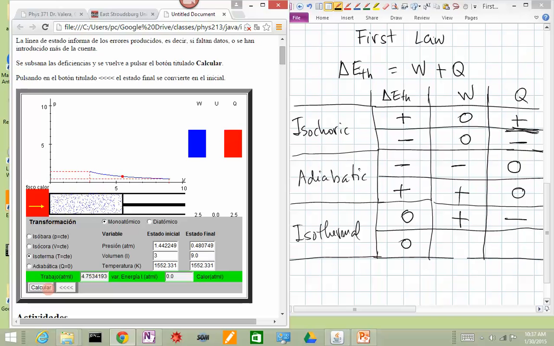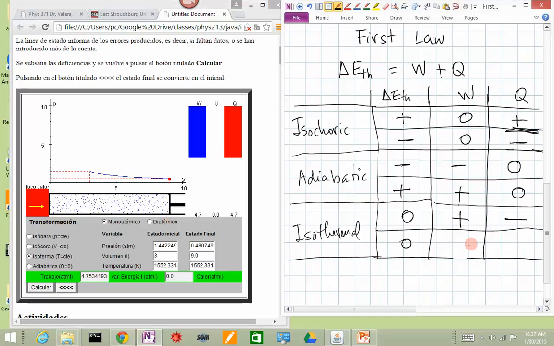That is your isothermal expansion. Now the system is expanding, it is pushing something, so the work is negative. And so to be able to expand and do work, you have to add energy to the system as heat, and you use that energy to push. So the heat is positive.